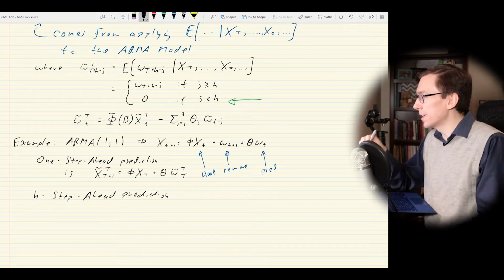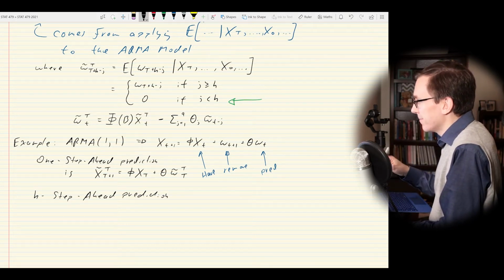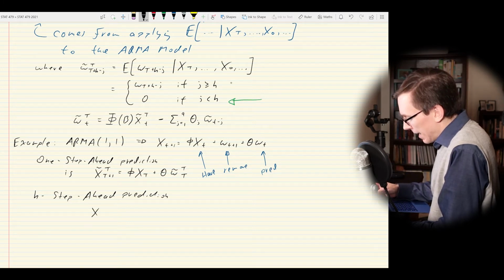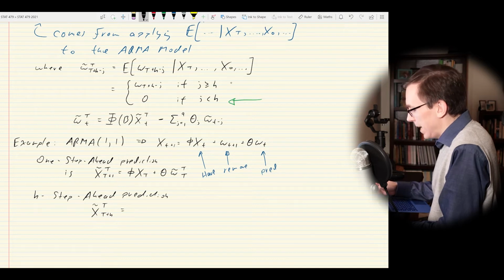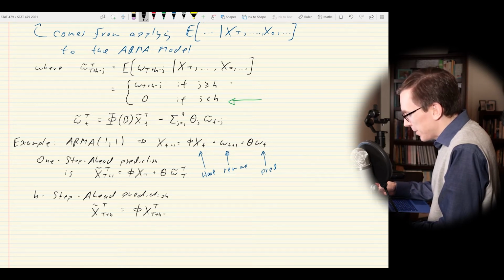So we're only going to be looking at the AR piece here, which is going to look something like x tilde_{T+h} is just phi times x tilde_{T+h-1}. This is for h greater than or equal to 2.